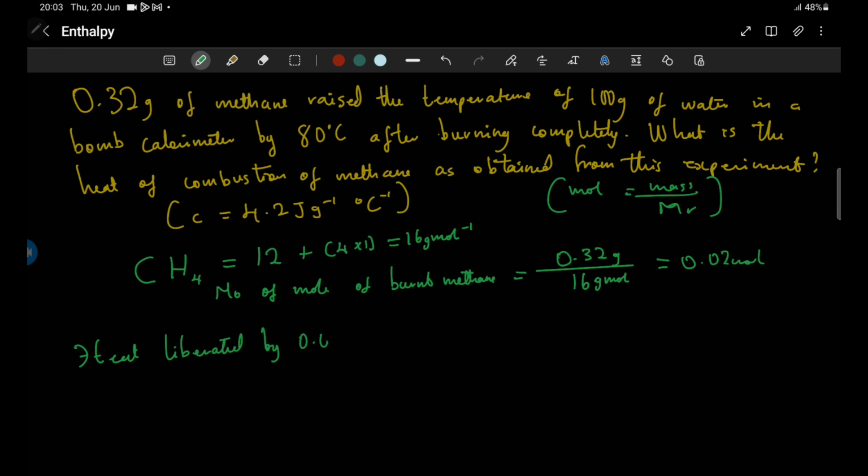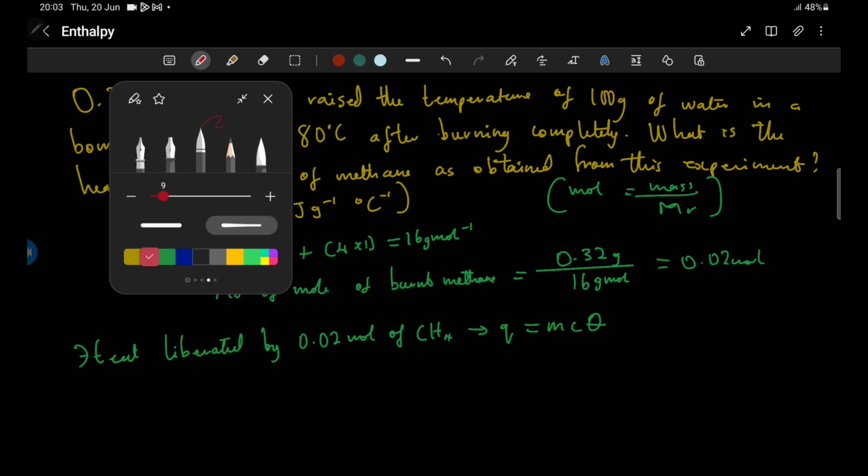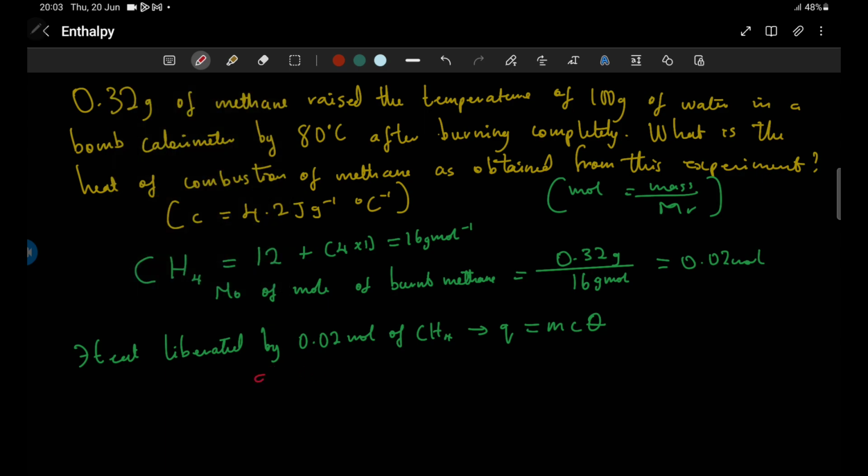by 0.02 moles of burnt methane, that is the equation Q equals mc theta. Now we need to find Q. Q is not lost, we just need to find it. So that's 100 grams of water multiplied by 4.2 joules per gram per degree Celsius times 80 degrees Celsius.